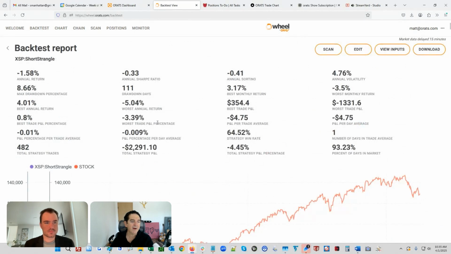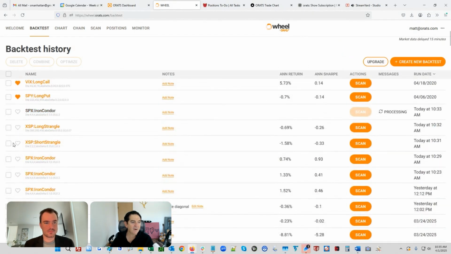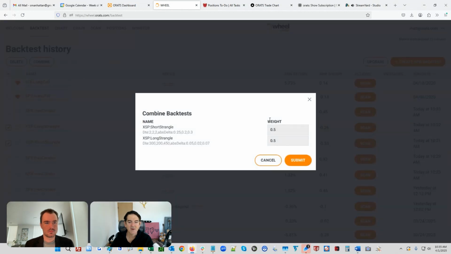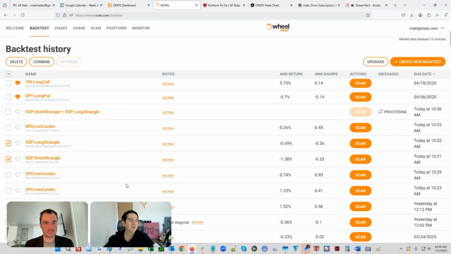If you wanted to combine those two, you could say, okay, I want that short strangle and I want it with the long strangle, and the long strangle is supposed to lose money, but the short strangle, it's been so volatile lately. You could combine these, and I like to do it one by one or half by half, and then submit, and that will run. You can see how well they combine. That's another really cool thing about the legacy tool: you could combine these to see what a portfolio might look like. Yeah, it's very neat.